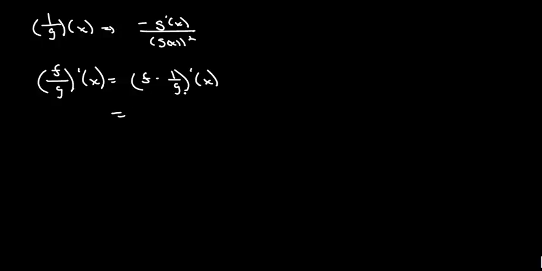With multiplication, we know that we can use the product rule, which says we take the derivative of one guy times the other guy, plus the derivative of the second guy, which we know is negative g prime of x over g of x squared, times the first guy, like that.